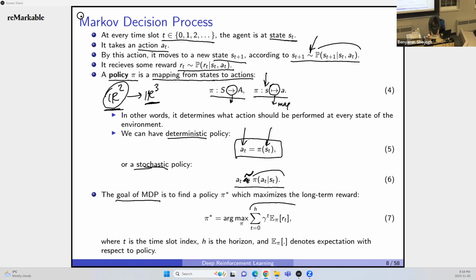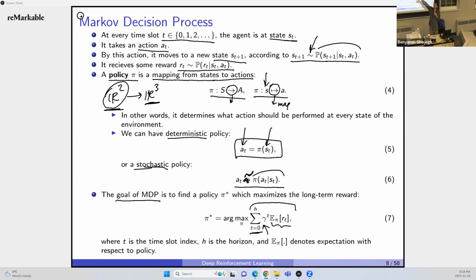So what is this? Can you tell me? This summation. This is the total discounted rewards. So expectation of rewards with respect to the policy. With this policy, what is my expected value, right? Gamma to the power t is the discount, right? Summation from t equals 0 to h. What is h?